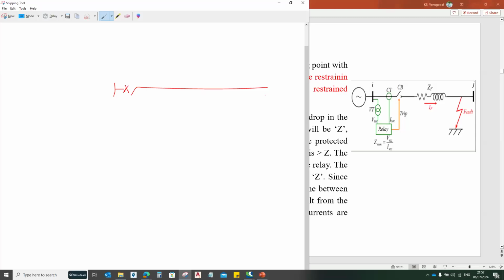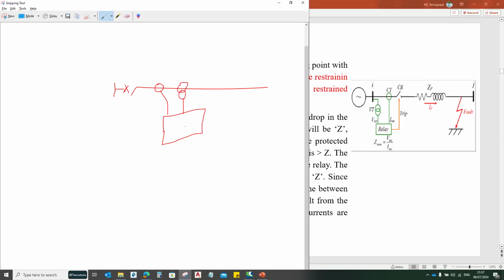Let us assume that this is one transmission line where I have a CT and a VT. This is my impedance relay, where I am collecting my CT input as well as my VT input.